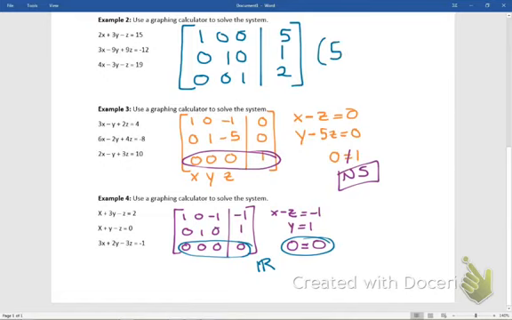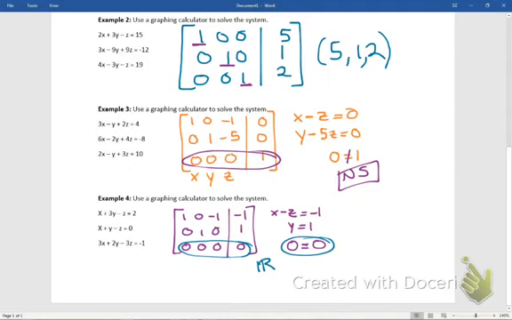This means that the answer is 5, 1, 2. Alright, so this one works because 1x here, 1y here, and 1z is here. It has to be that diagonal. They have to be ones and just ones.